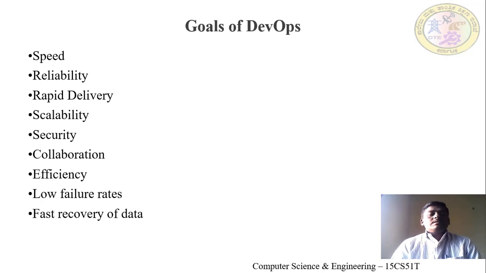Now we will see the different goals of DevOps. DevOps is going to give so many goals. Speed: it will increase the speed of software development. Reliability, in the sense that it will give fewer errors. There are fewer errors if you use the DevOps concept.